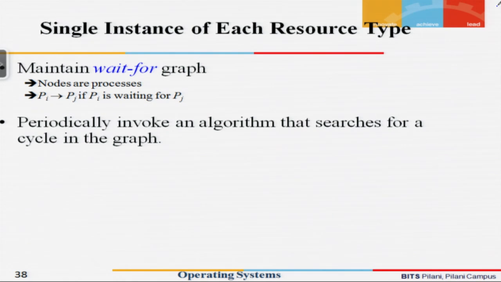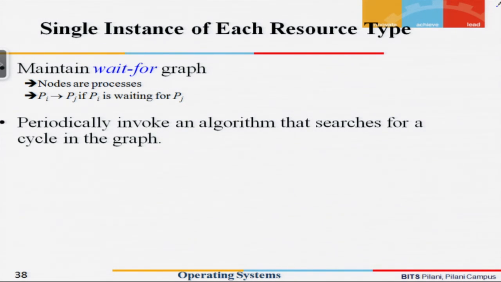One of the things which we have seen in an earlier case was the algorithm based on a resource allocation graph. So we try to use the same resource allocation graph, and using that we try to devise an algorithm.